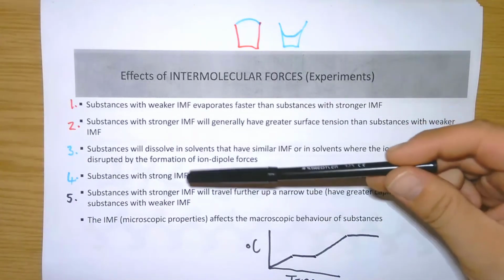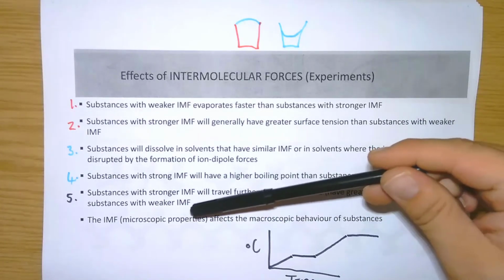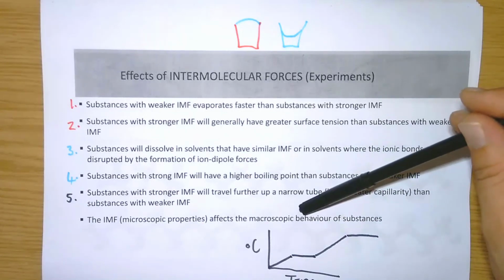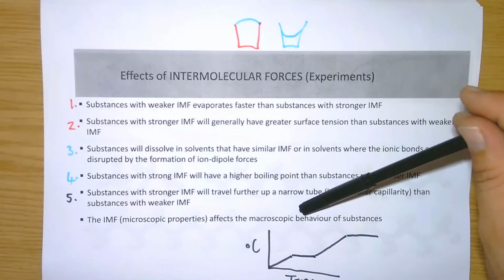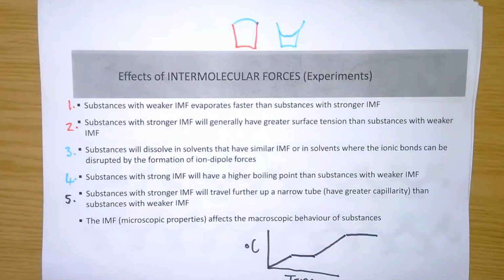Microscopic properties are properties we can't see. It's got to do with structure, electronegativity, polarity, all those things. Macroscopic properties are the properties we can see: boiling point, melting point, viscosity, density, capillarity, all these things that we described here. Okay, we will continue in the next lesson.